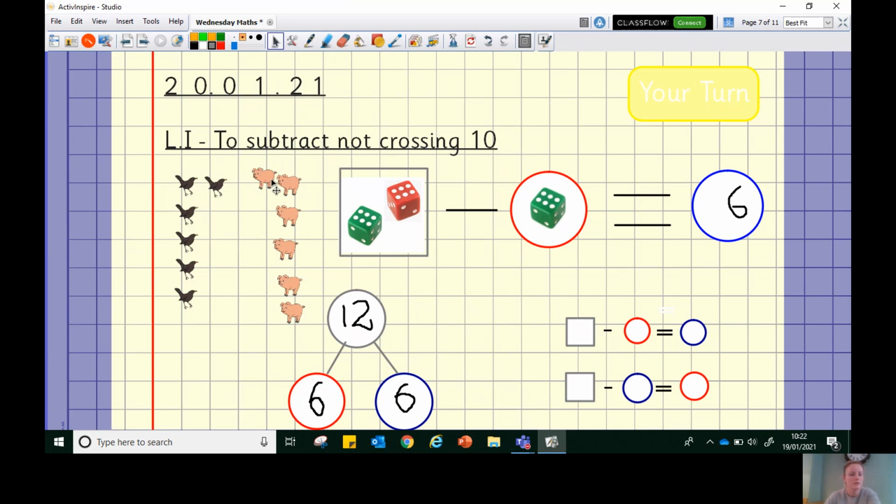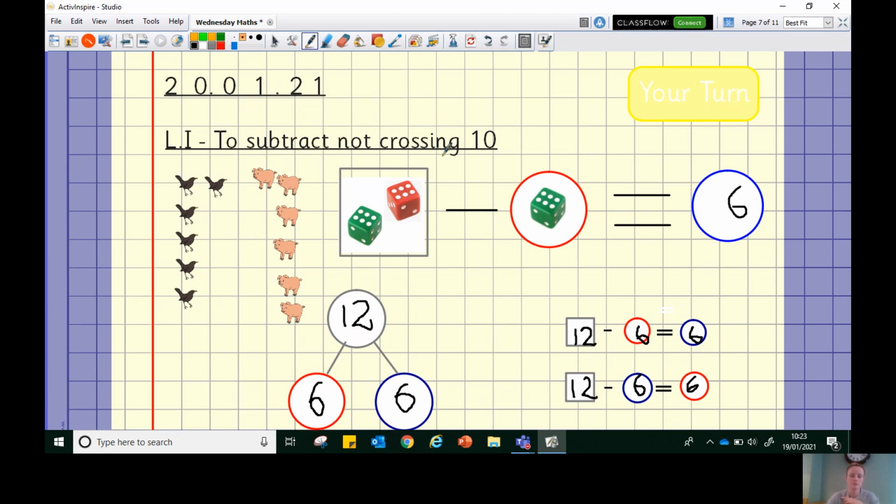So I've done that by removing them, and now I just count the counters that are left. Okay, then you're going to write the number sentence as best you can, both ways round. But this way, it's always going to be the same because the numbers 6 and 6 are the same. They represent the same amount.